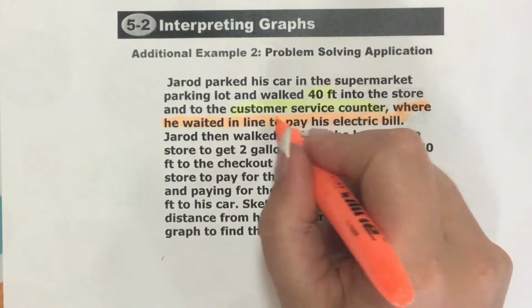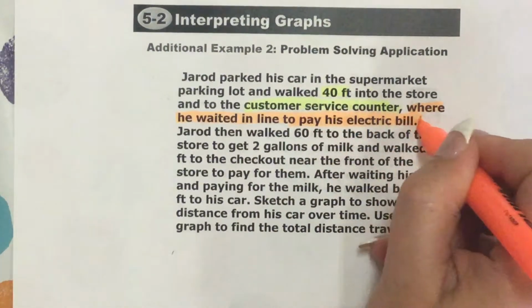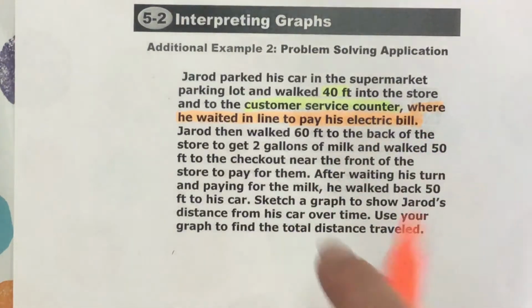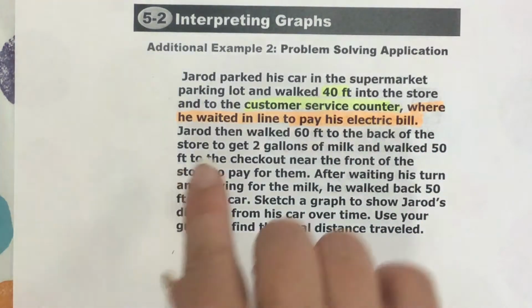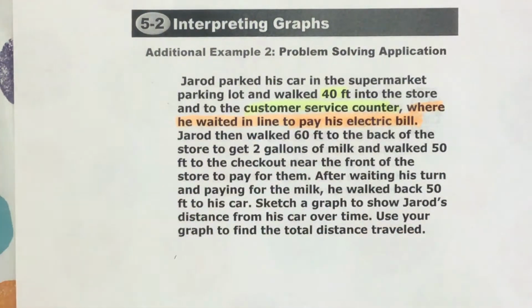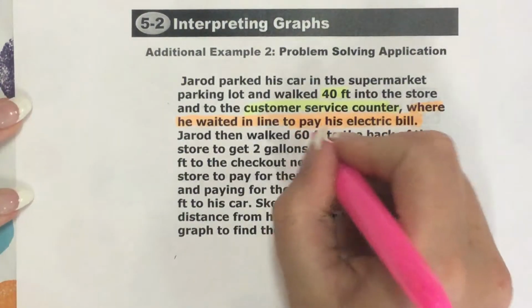That's important because he didn't move. However, time still went on while he is waiting, so we need to account for that in our graph. The next thing states that Jared then walked 60 feet to the back of the store to get 2 gallons of milk.